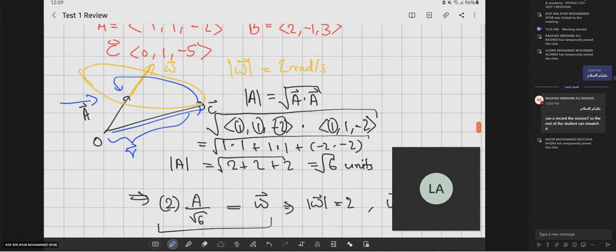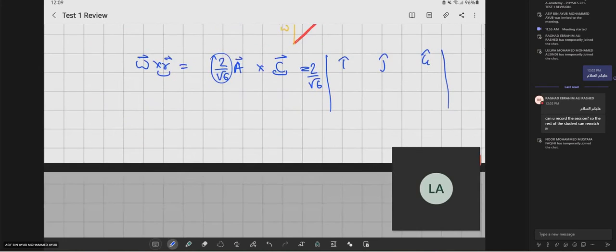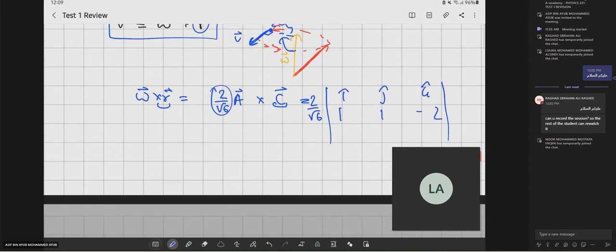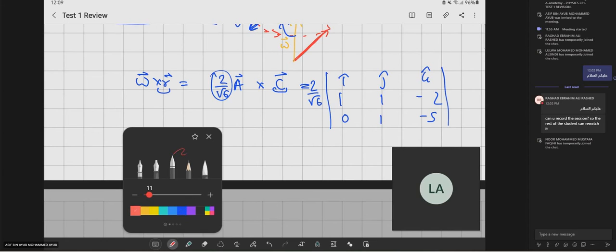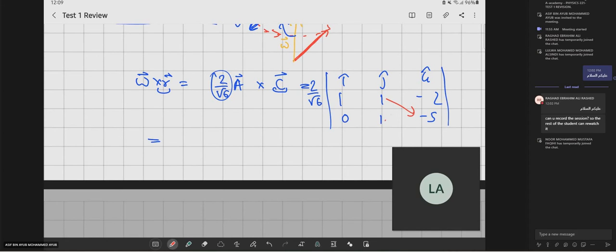So what is A again? A is 1, 1, minus 2. And C is 0, 1, minus 5. I'll just quickly compute this cross product. So I'll have minus 5 plus 2, which is, don't forget the 2 over root 6, minus 3, and the j component is minus 5 minus 0, plus, I have the minus sign in here because there's this factor of plus, minus, plus in here because of the determinant.